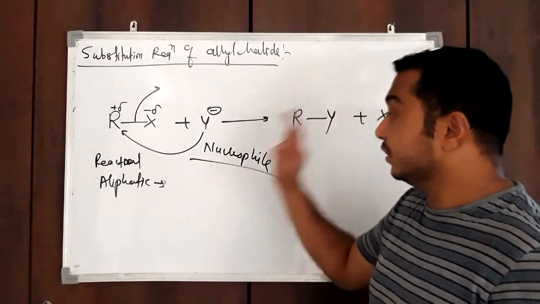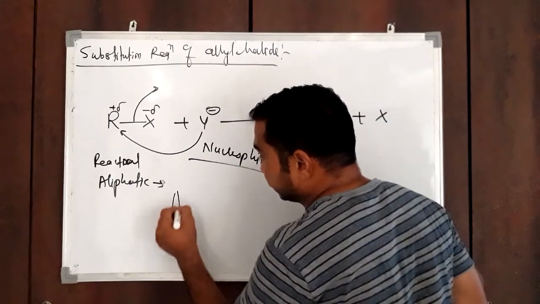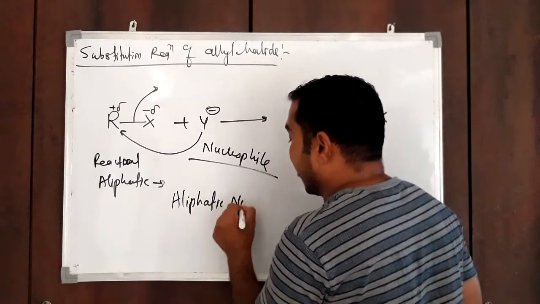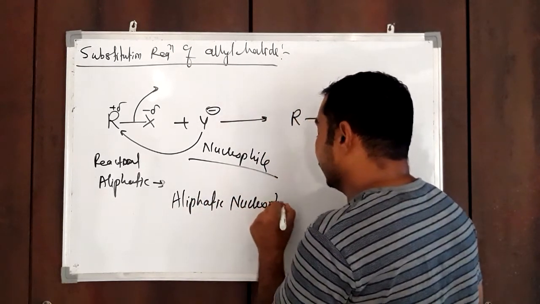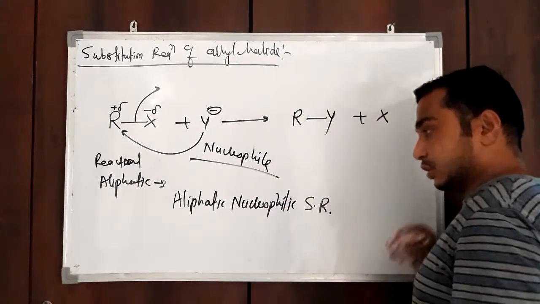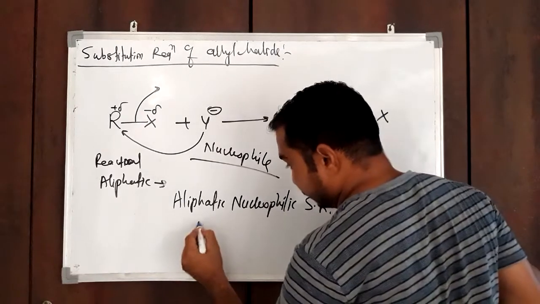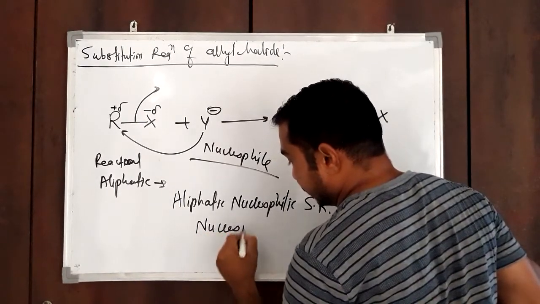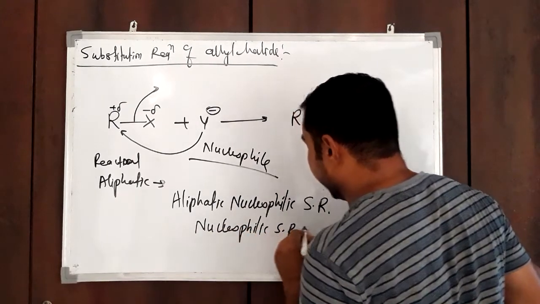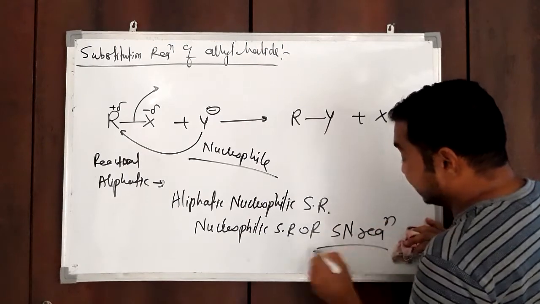So the alkyl halide molecule undergoes aliphatic nucleophilic substitution reaction. This type of reaction is called aliphatic nucleophilic substitution reaction, or in short SN reaction.